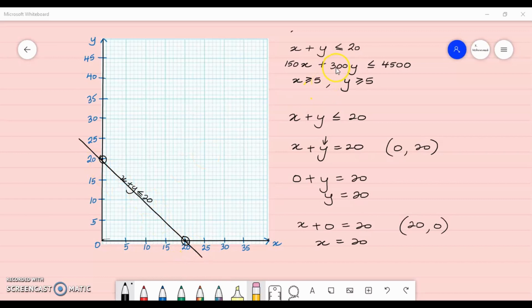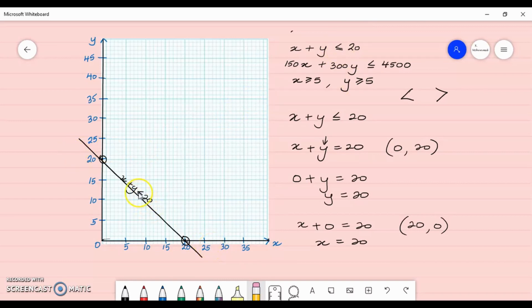If, however, my inequality sign was a less than or a more than sign without that equal part underneath it, my line would have had to be a broken line, where parts of the line are missing. But because my inequality had an equal sign with it, it needs to be a solid line.